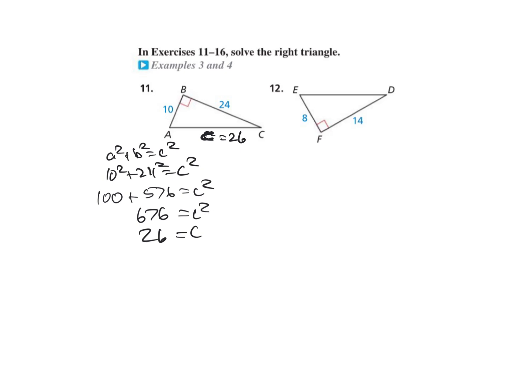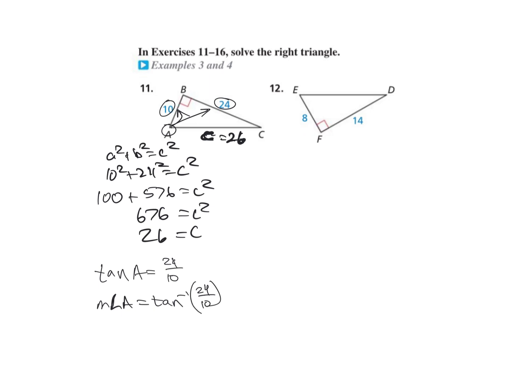Now I'm not going to use that value in my calculations, even though I could. I'm just going to use these two. To get angle A, I'm using the opposite leg and the adjacent leg, so the tangent of A equals 24 over 10. To get the measure of angle A, I take the arc tangent of 24 divided by 10.